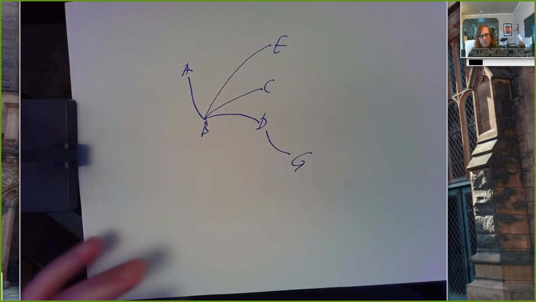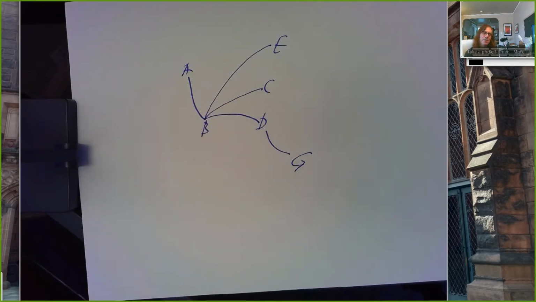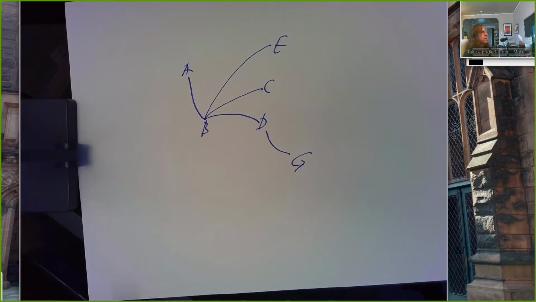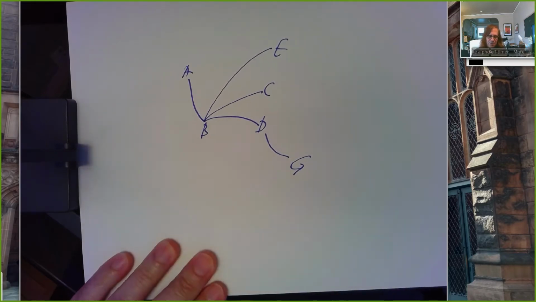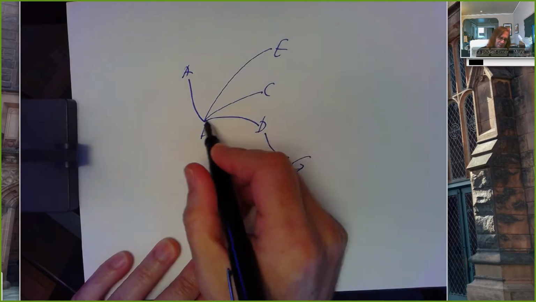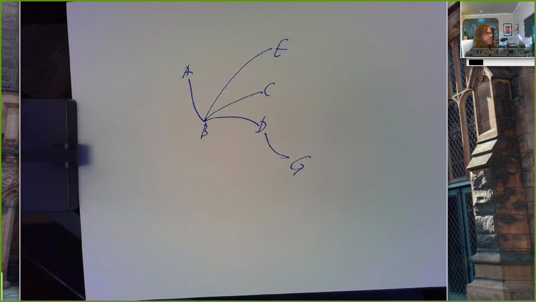And here's person G who doesn't know B directly, but knows B indirectly through person D. And so we can start to ask, is there a path from one vertex to another? In other words, is there a collection of people through which person G knows person B? Well, that's equivalent to saying, is there a way starting from person G to follow edges and eventually reach person B? And that collection of edges would be called a path.